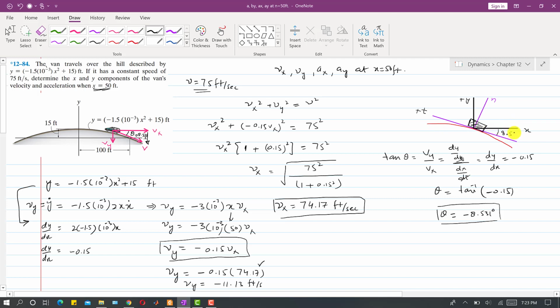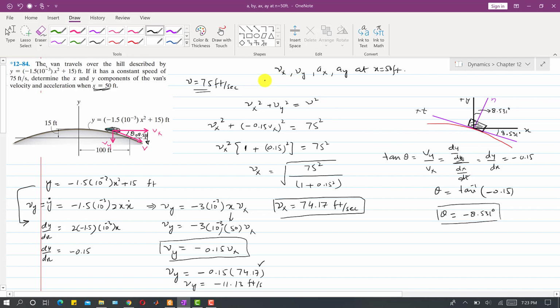Similarly, as we can see, this normal axis is making 90 degrees with this t axis, and 90 degrees with this x axis. So this angle is also 8.531 degrees.